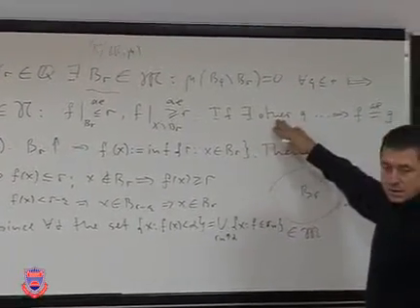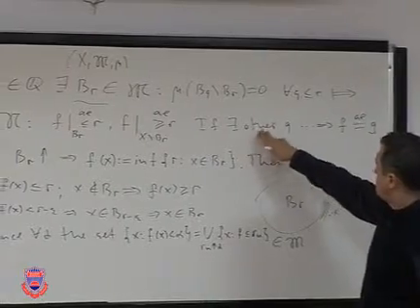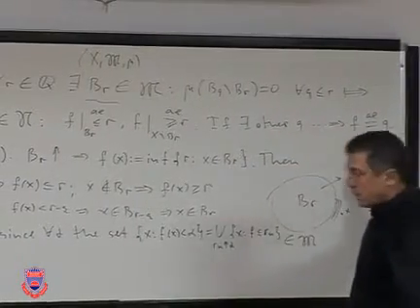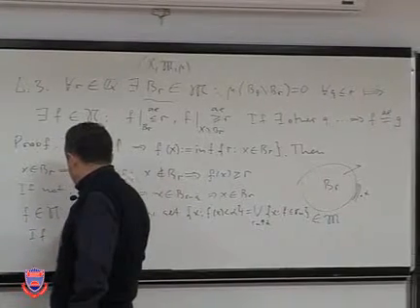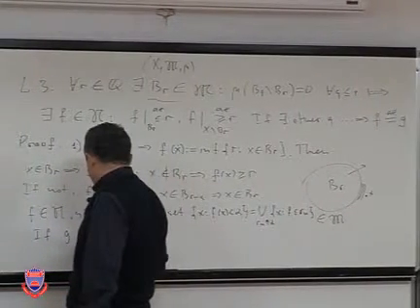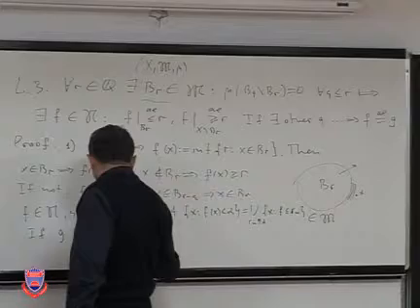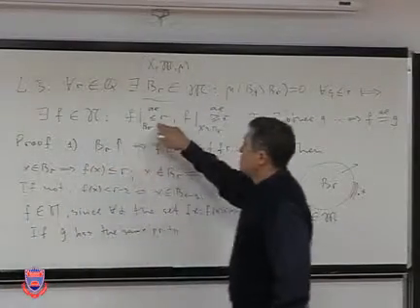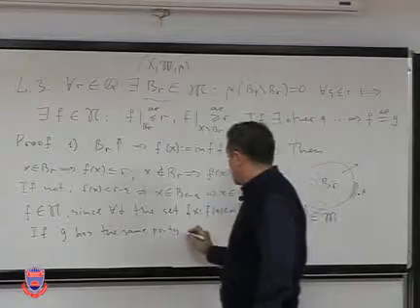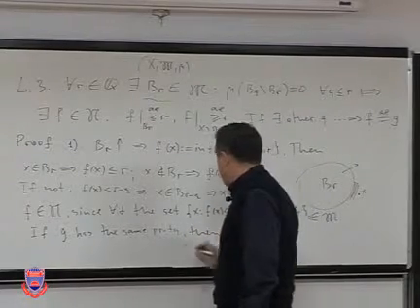Only we need to check that any other function must be the same. Suppose g has the same property, it means that g is less or equal than R on B_R, etc. Then what do we have?